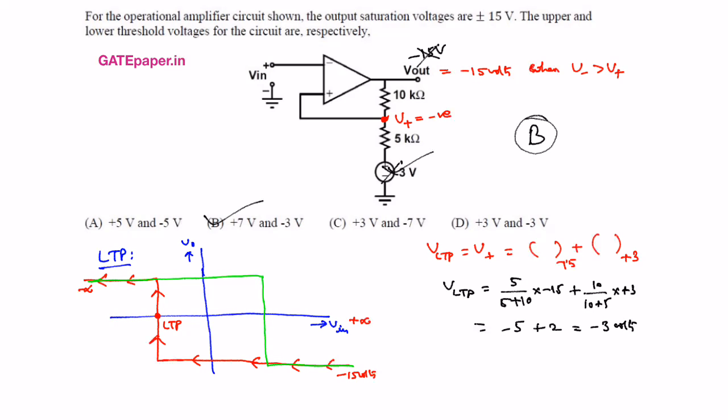If you draw the UTP diagram and LTP diagram, both superimposed, the difference you get is called VH, the hysteresis voltage. VH is equal to VUTP minus VLTP, that means 7 volts minus of minus 3, so it is 10 volts. The hysteresis voltage is 10 volts for the given circuit.